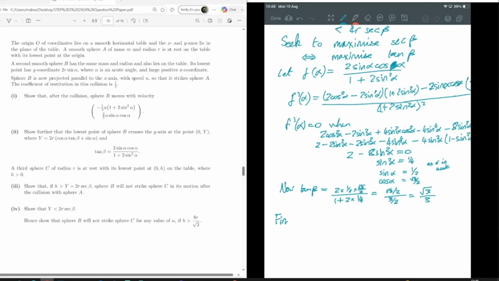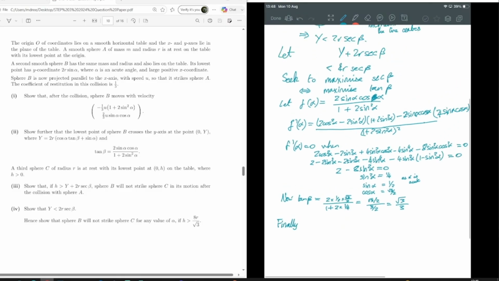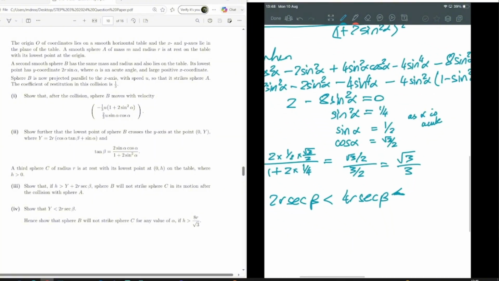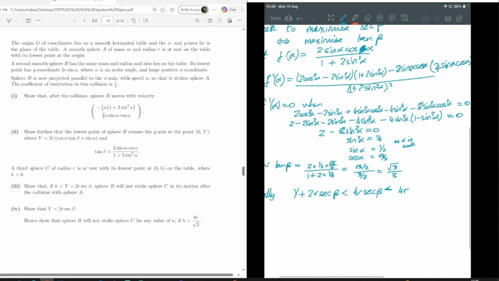So then finally, y plus 2r sec beta is less than 4r sec beta, which has to be less than when this thing is maximal, which is 4r. Oh, I actually need to still find sec beta, don't I?